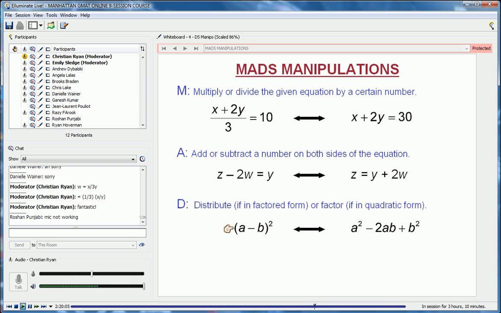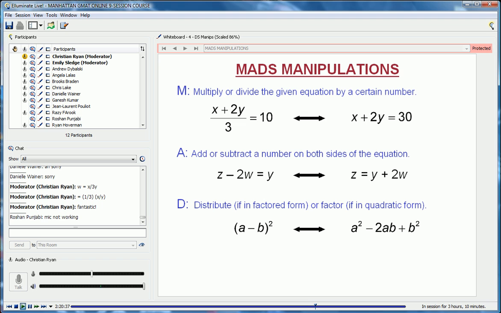Distribution also holds when you have just one number times the sum or the difference of 2 other numbers. I also want to point out that distributing and factoring you can do to just one expression. You don't have to do it to both sides of an equation. We don't have an equal sign here. We just have a minus b, that quantity squared. And you can just turn it on its own to this, or you could factor that up into this.